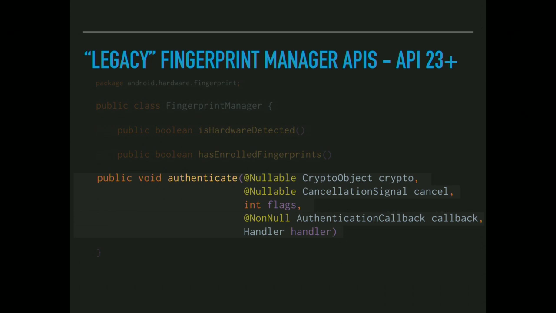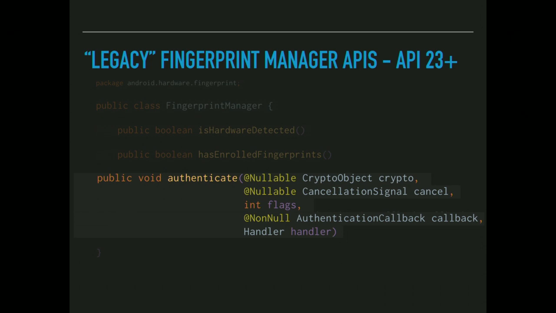It just turns on the fingerprint sensor, and in general, you pass it a crypto object, which is a wrapper around some sort of cryptography primitive that you're then going to use in whatever security protocol or whatever you're trying to secure. You're going to use that object, and then as the fingerprint sensor goes through different events, either it read a fingerprint or it had some sort of problem or it didn't recognize a fingerprint, you're going to get a series of callbacks to the authentication callback that you passed in.